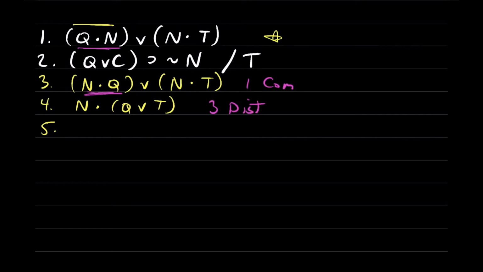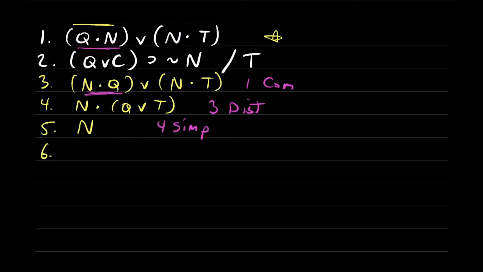So now we have a conjunction on line 4, N and Q or T. I'm going to simplify both of those terms. So right off the bat, I can get N on its own line. That's going to follow from line 4 by simplification. But I'm also going to reverse the order of that conjunction so I can do simplification and get that Q or T on its own line as well.